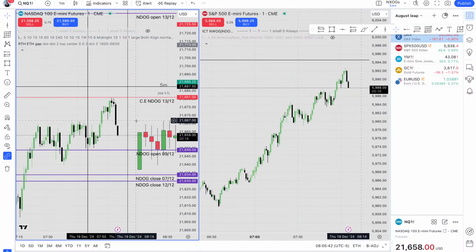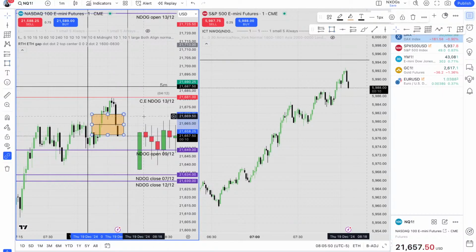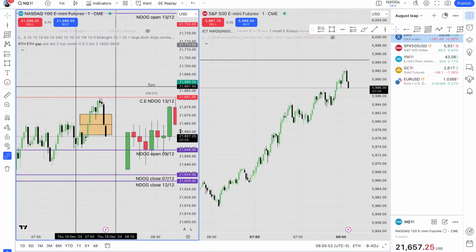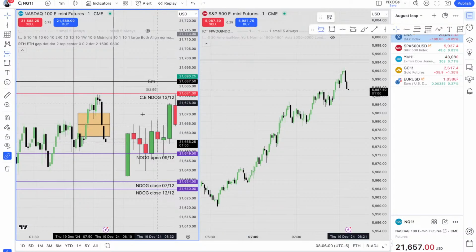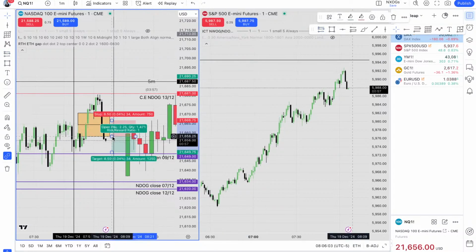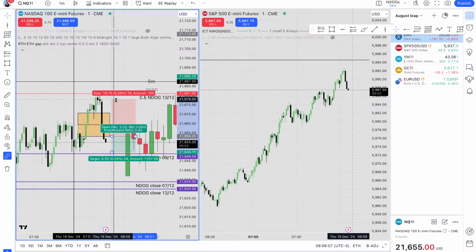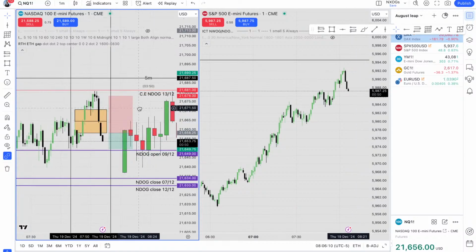Now the only reason I'd go short is if this creates a balanced price range. If this stays intact, I can go short and target these lows. But I need to see a nice displacement there. Yes, I like this. Yeah, my stop loss will be here. This is too much of a stop loss.